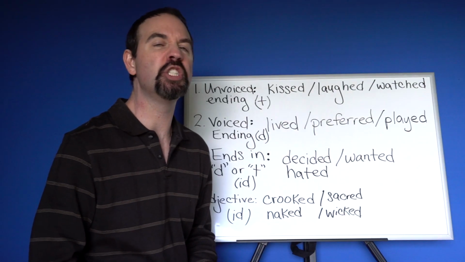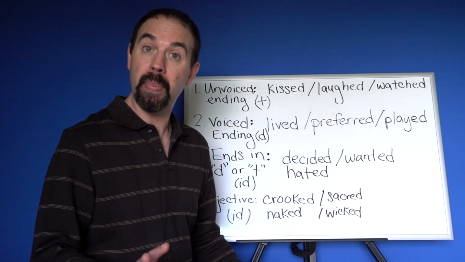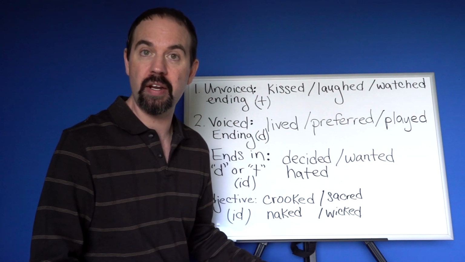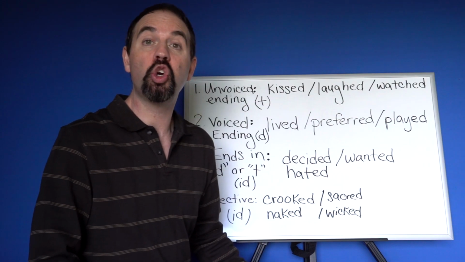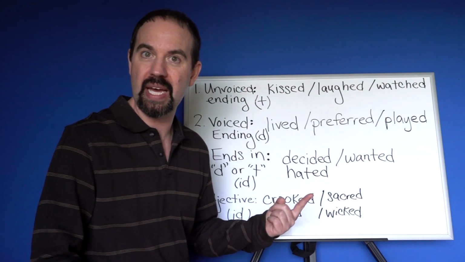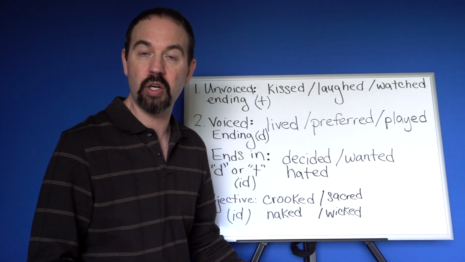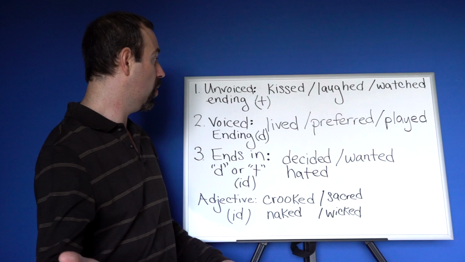This might seem like so much information, but now that you know this, when you listen to native speakers speak, you're going to be able to hear them say jumped with a T, or watched with a T, or what's another word?